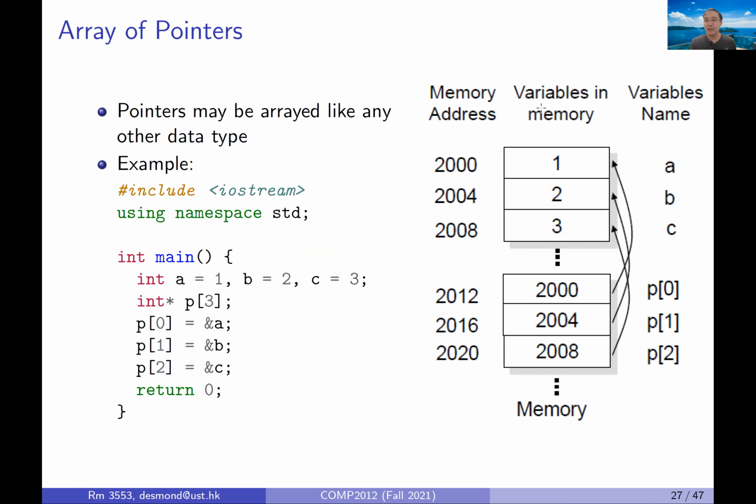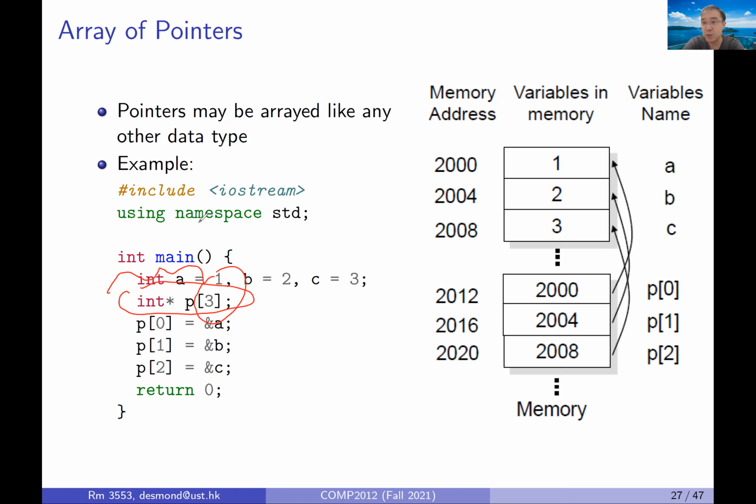How about this? This is the new thing that I want to talk about here. And what is this? int *p[3]. If you only look at this part, int star p, definitely p is a pointer. But if you put square bracket and a number in it, this is an array of pointers.